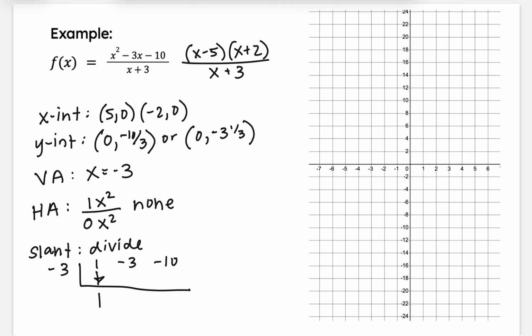So this would be 1. 1 times negative 3 is negative 3, negative 6, 18, and 8. And this is one time that actually we don't need to worry about the remainder. So we just put the first two parts, which tells us the equation of our slant asymptote. So this would be 1x, or just x, minus 6. So that's the equation of our slant asymptote.